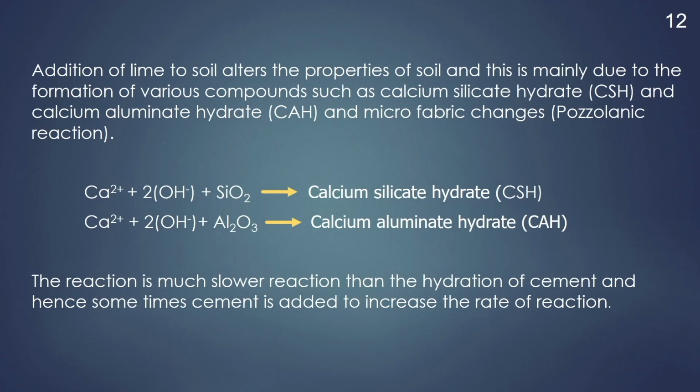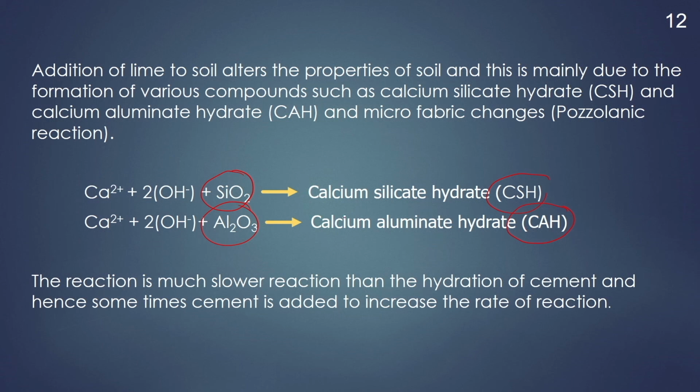When we add lime to the soil, the different properties of the soil get changed because of the formation of two compounds, that is CSH, which is known as calcium silicate hydrate, and calcium aluminate hydrate. These two are produced when calcium reacts with silica and when calcium reacts with alumina. So, when the calcium reacts with silica, the calcium silicate hydrate will be produced, and when this calcium reacts with alumina, it produces calcium aluminate hydrate or CAH.